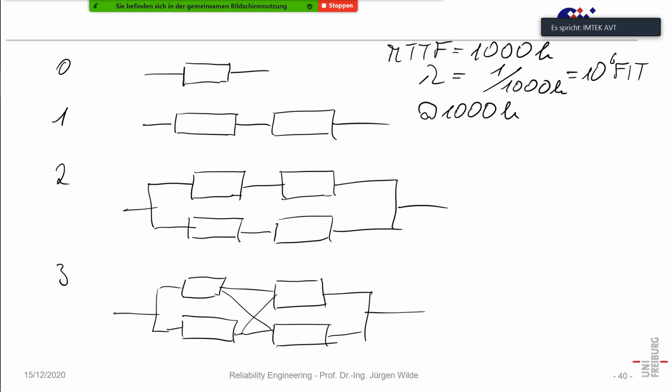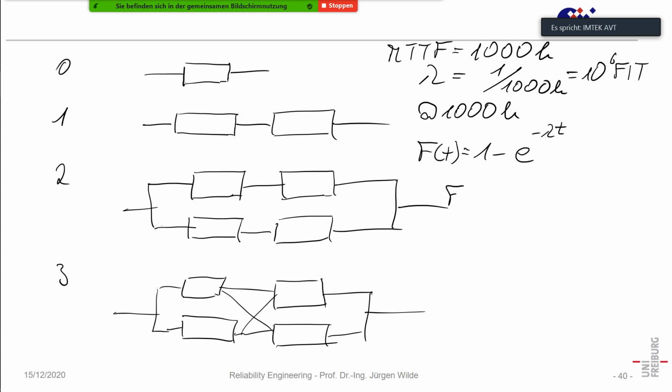So let's make it in a systematic way. F of t is 1 minus e to the power of minus lambda t. Lambda is 1 divided by 1,000, yeah?